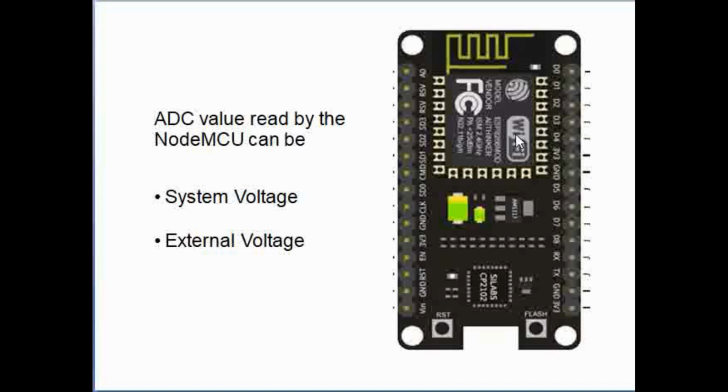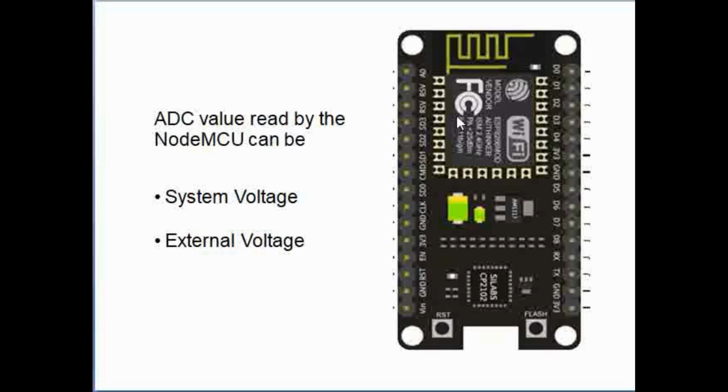So now what we are doing here is reading the analog voltage, a continuously varying voltage. This analog pin on NodeMCU supports two kinds of reads. One is the external voltage which we are talking about now, and also it can read the system voltage. By system voltage I mean the 3.3 volts we are giving to this NodeMCU board, which is the system voltage.